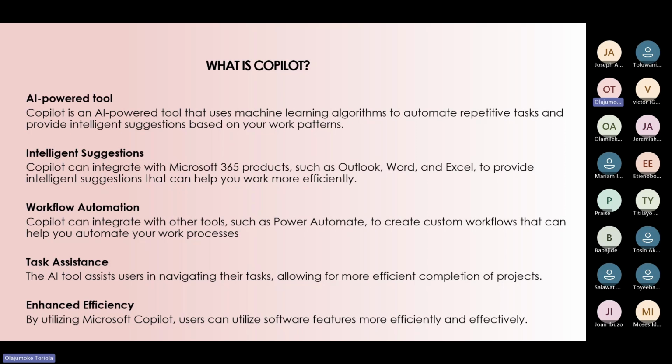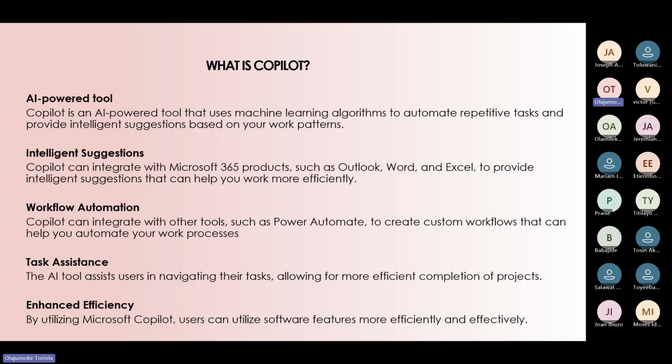So how does this work? Copilot connects AI and natural language interactions. So users can discover more comprehensive answers to their queries, and also potentially generate content based on the responses that they receive from Copilot.